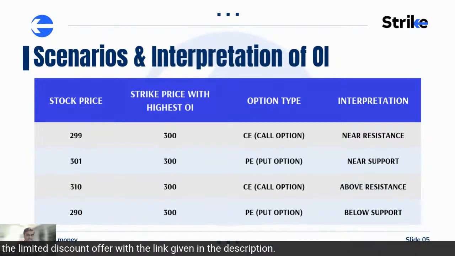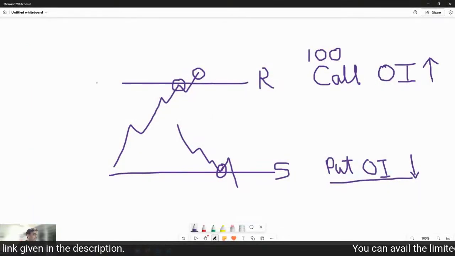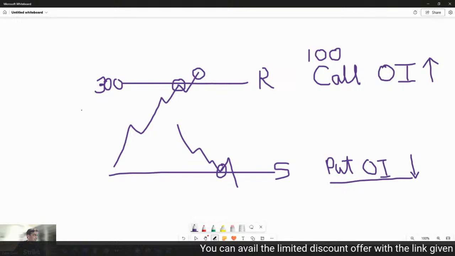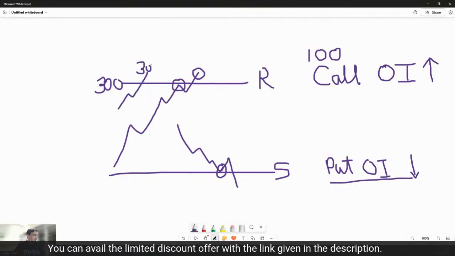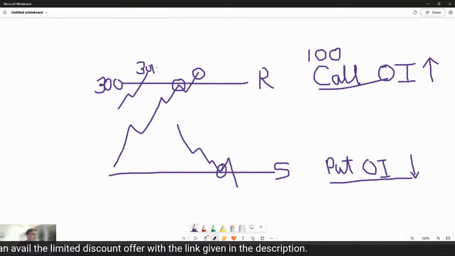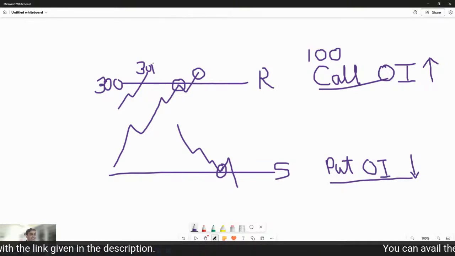Let me come to the whiteboard. Let's say this is the 300 level. Prices have crossed above it and it comes to 301, where call OI was highest. So this is where we will say that the stock is above the resistance.